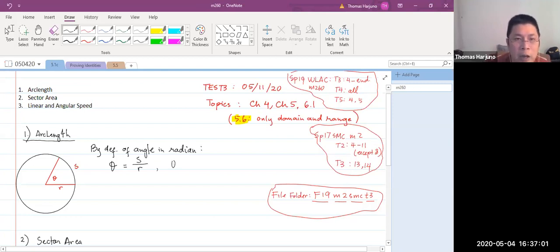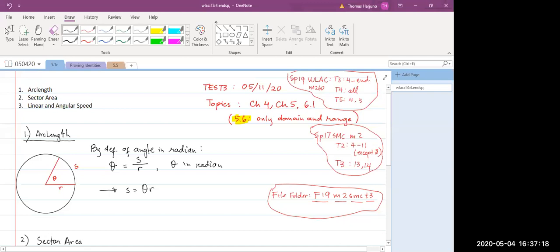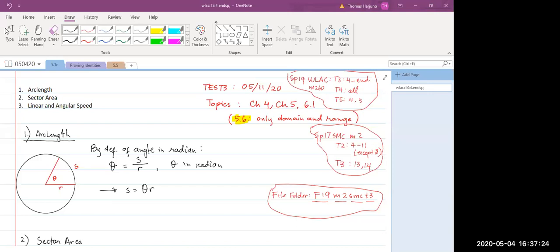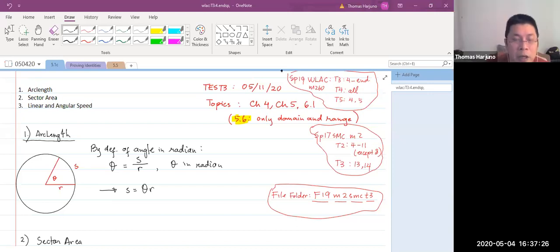Now that's theta in radian. Using that formula, we can get the arc length S to be theta times R. Just make sure that the theta is in radian.